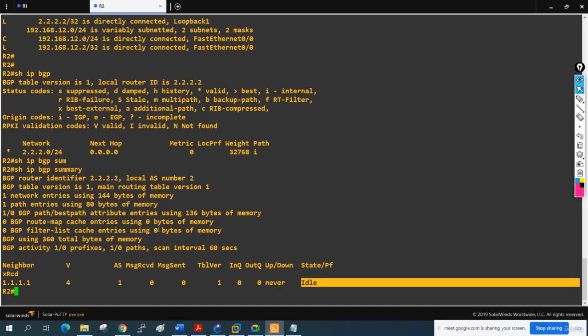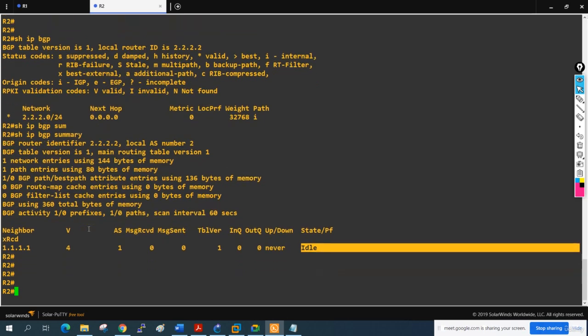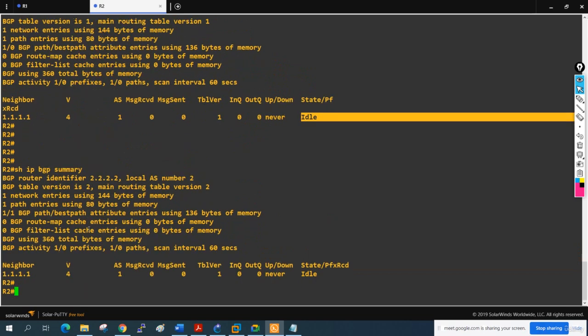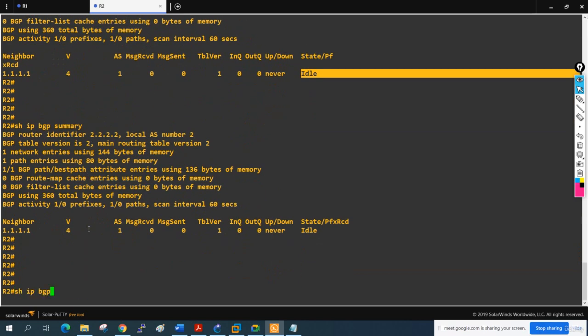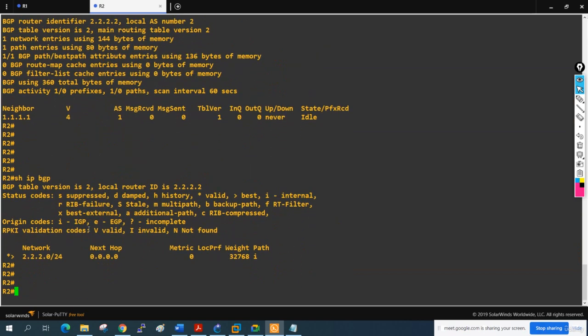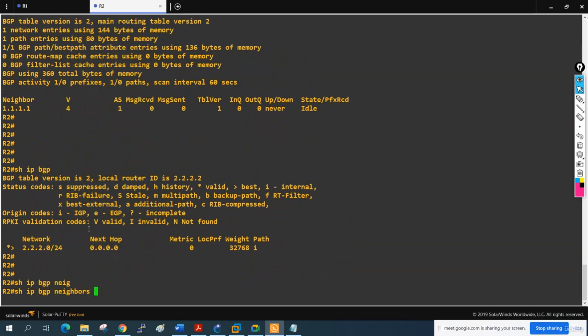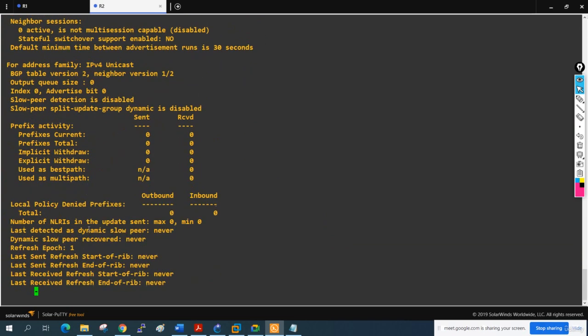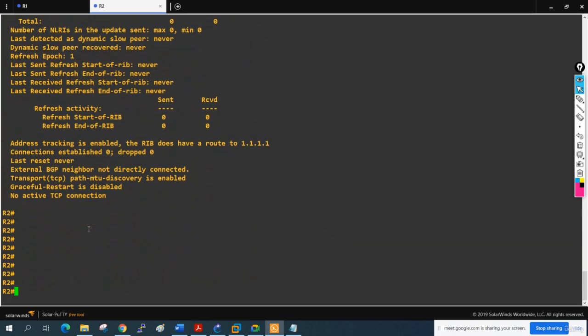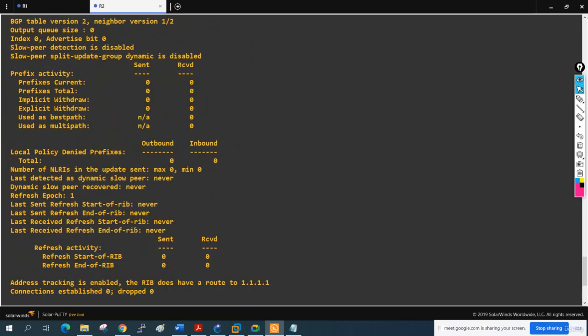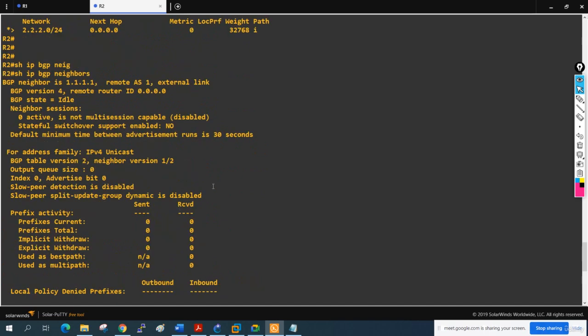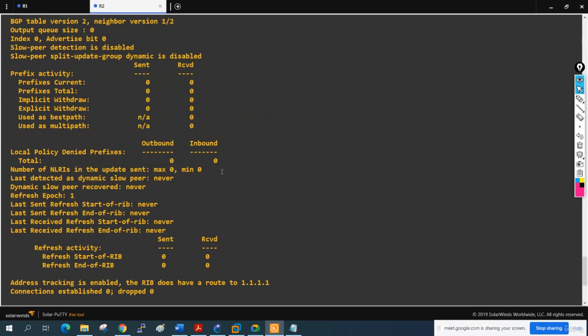If you see here, we can see it somewhere. Let me show you. We can check the TTL value in some command. Show IP BGP, or let me write show IP BGP neighbor. I think in that one we can check the TTL value. If we see the TTL value, we will have 1. Before we check, let me check where it is.